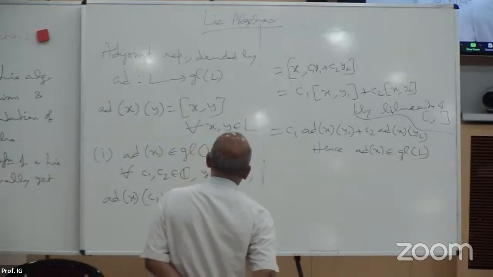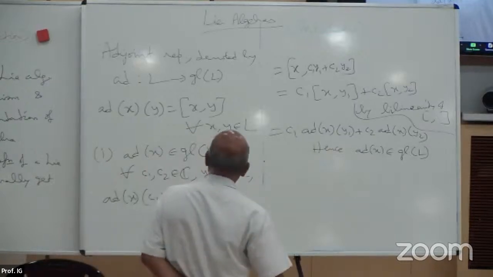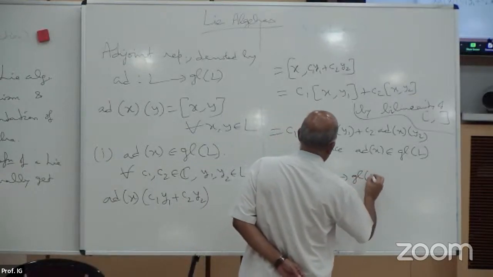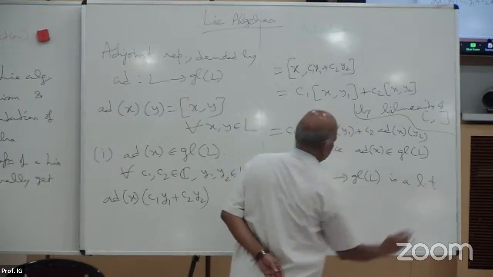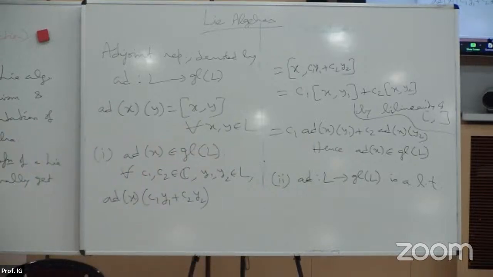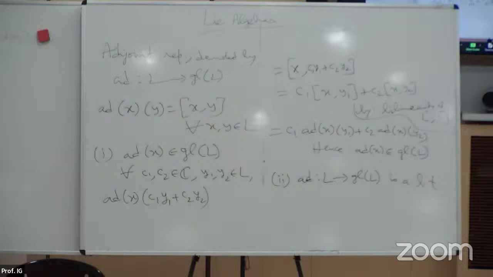And for a representation, two other conditions we have to verify. Second is this: ad from L to GL(L) is a linear transformation. So for this, now we have to take elements here.